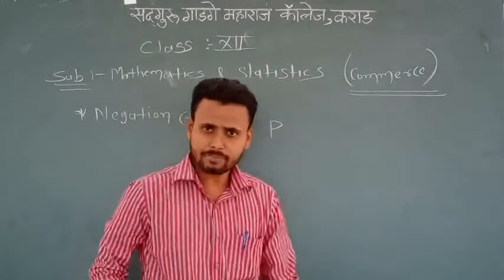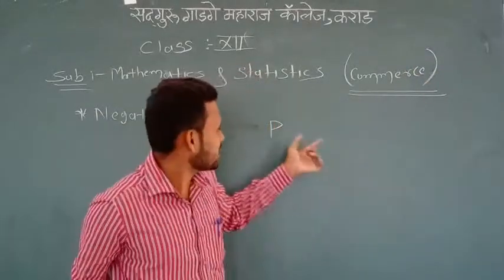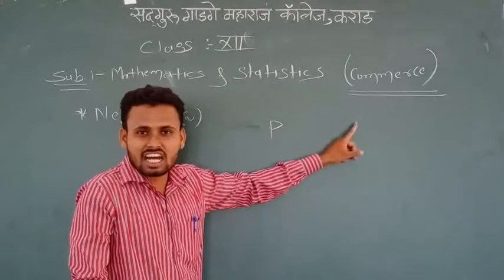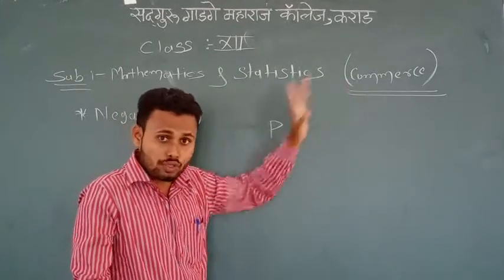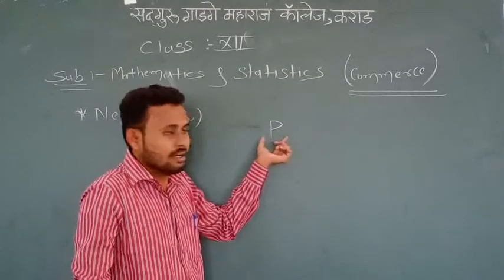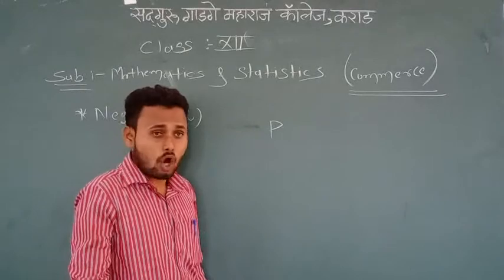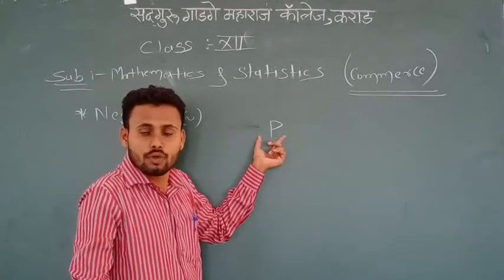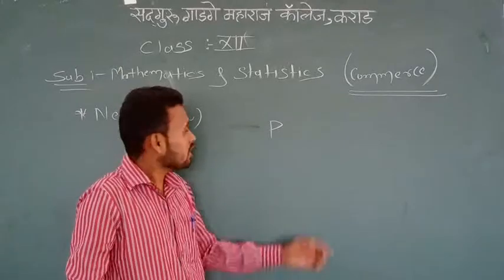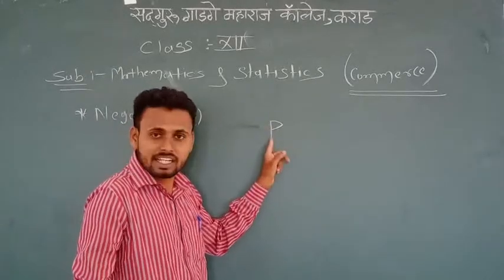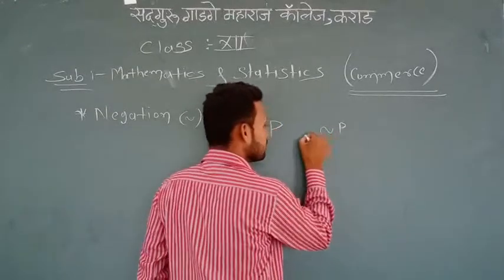For any statement P there is another statement which is defined to be true when P is false, and which is defined to be false when P is true. That statement is called the negation of statement P, and it is denoted by negation of P.